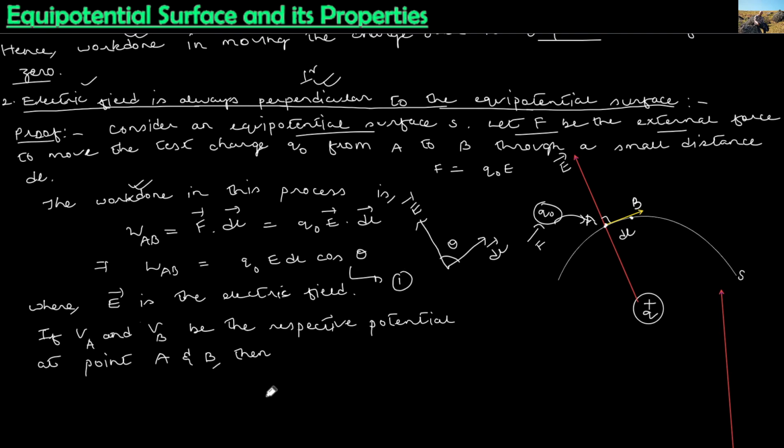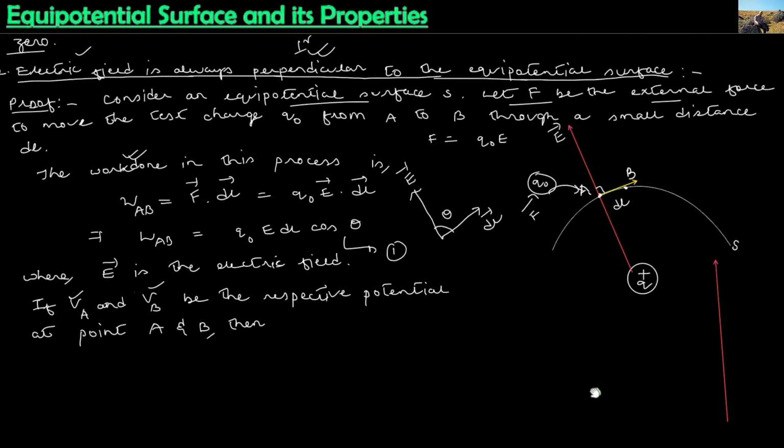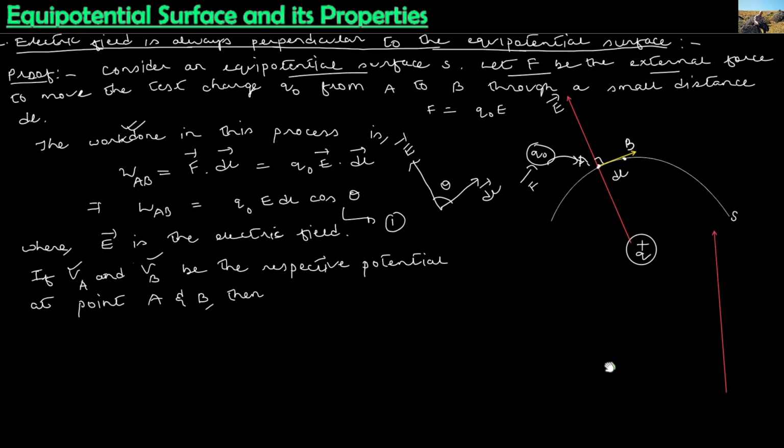If VA and VB are the electric potentials at point A and point B respectively, then we can write the potential difference. Since we are moving from point A up to point B, we'll write VA minus VB.